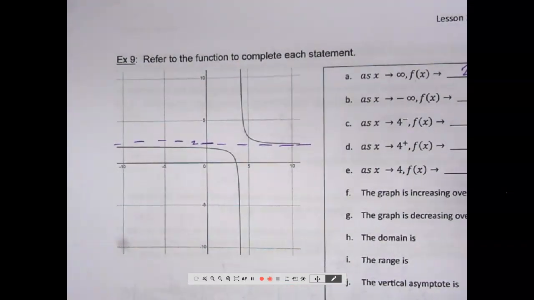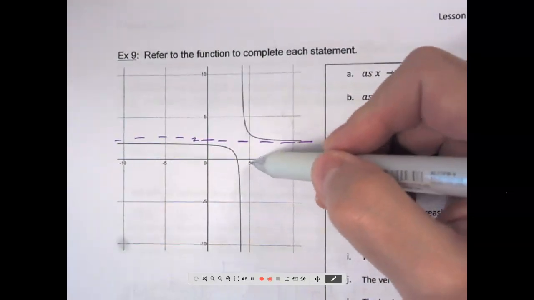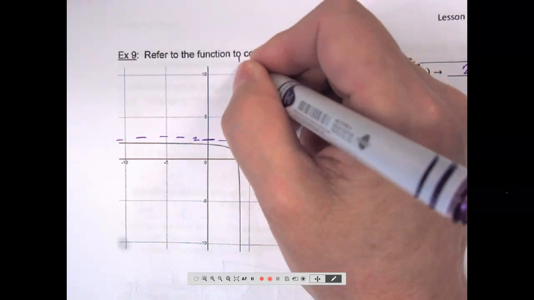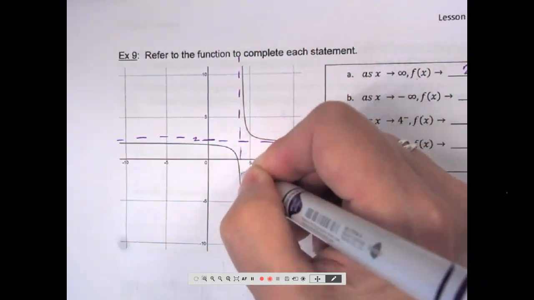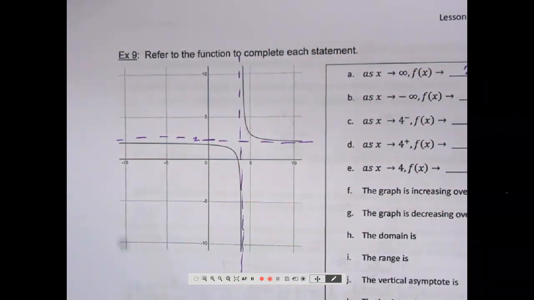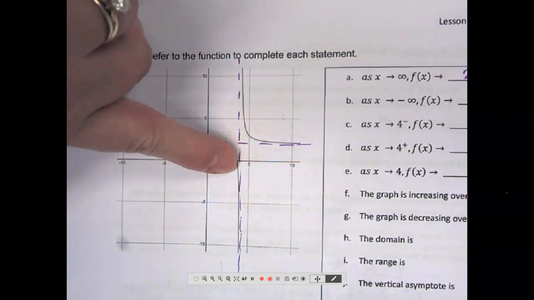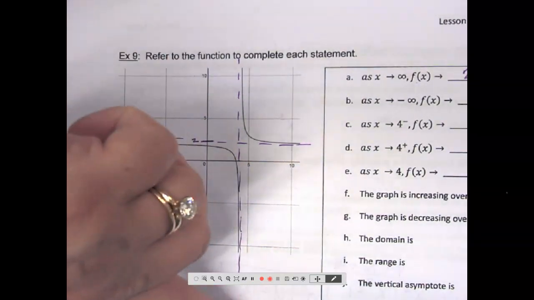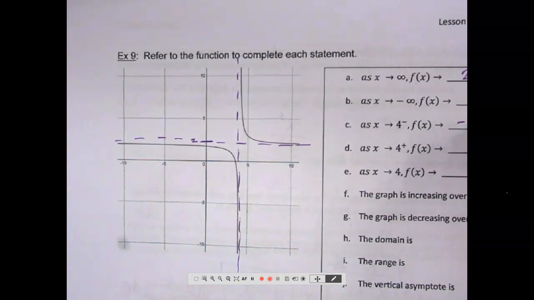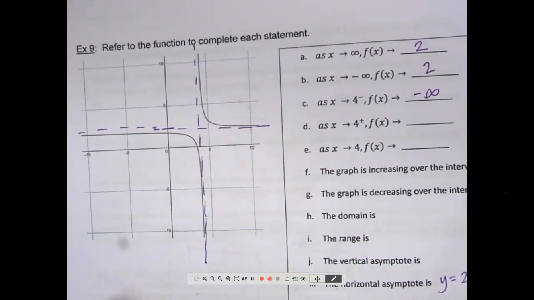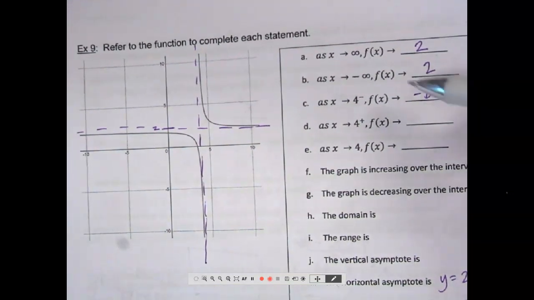All right, what about as x approaches 4 from the left? What is y approaching? It appears to be negative 2. This is 5, so I think a safe assumption is that this is 4. So approaching from the left, I'm coming this way, and the y's are dropping lower and lower, so I would say negative infinity. What about as x approaches 4 from the right?